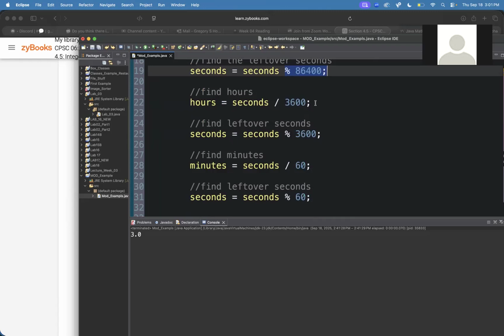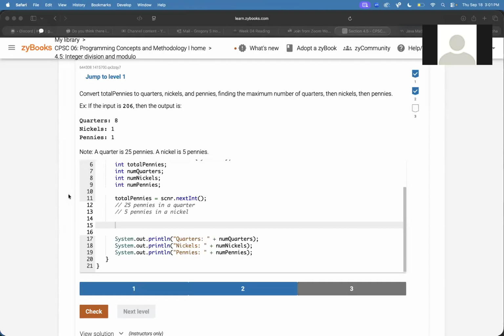For hours, you divide by how many seconds there are in an hour, and then do modulo to find out how many seconds are left over. For minutes, you divide by how many seconds there are in a minute, and use modulo to find how many seconds are left over. So it's this two-step process of division and remainder.